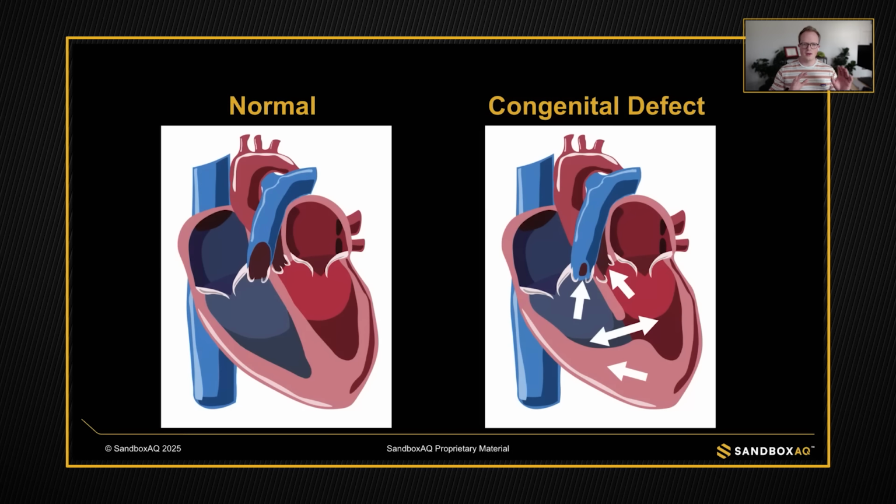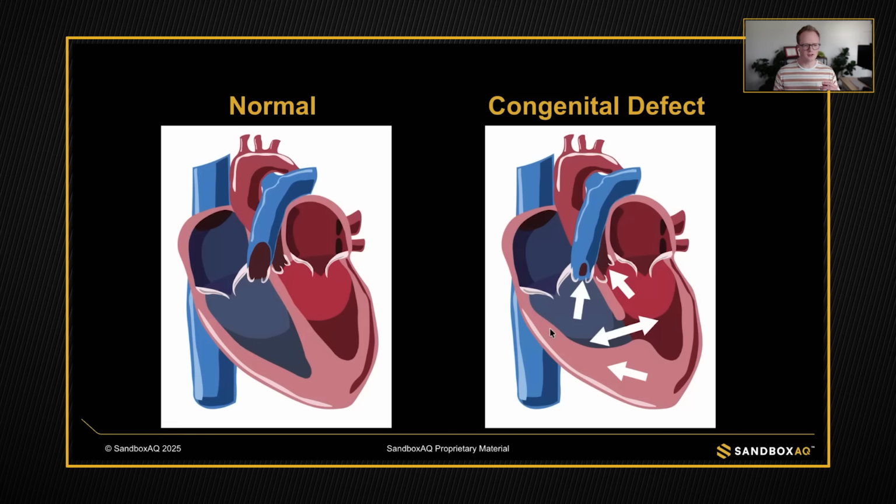However, in some cases, infants can be born with congenital defects. These involve changes to the anatomy of the heart that affect the function of the heart. On the left, we've got our example of a normal heart. On the right is an example of something called tetralogy of Fallot, which just has a variety of different abnormalities in the heart.